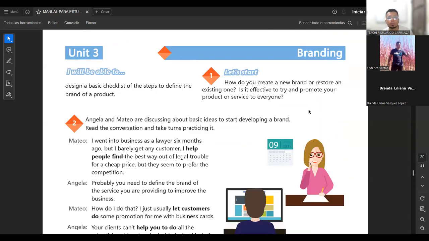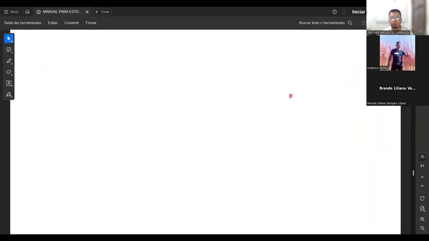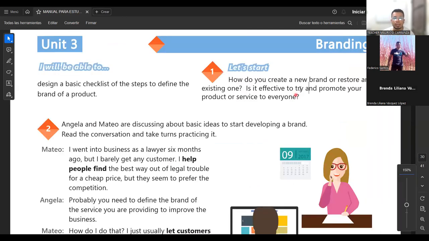Okay, today we're gonna start with the INSAFORT manual. It says, design a basic checklist of the steps to define the brand. So we've been talking about branding during this unit, and we're gonna discuss a little bit about it right now. It says, how do you create a new brand or restore an existing one?